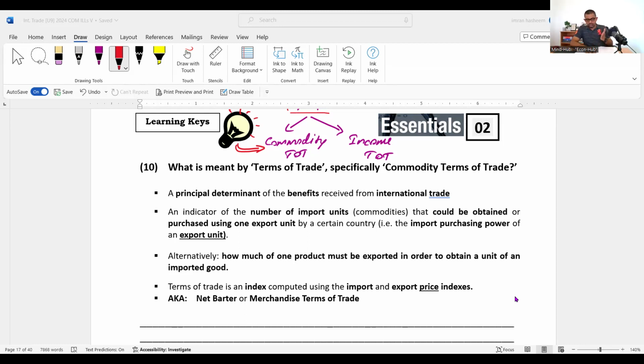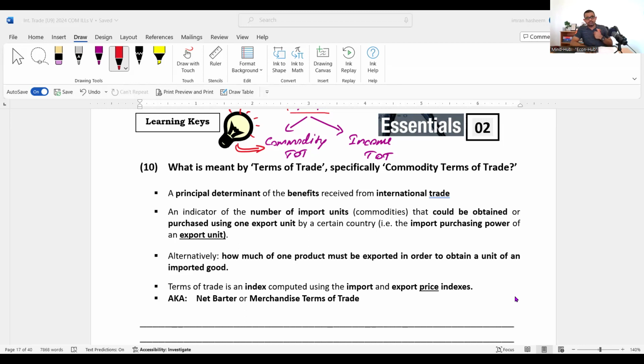It can be the price we get for one unit, or the total income we get from exporting. It doesn't matter. But when we take what we get by exporting to the rest of the world, how much goods can we import from the rest of the world? That is what terms of trade is.